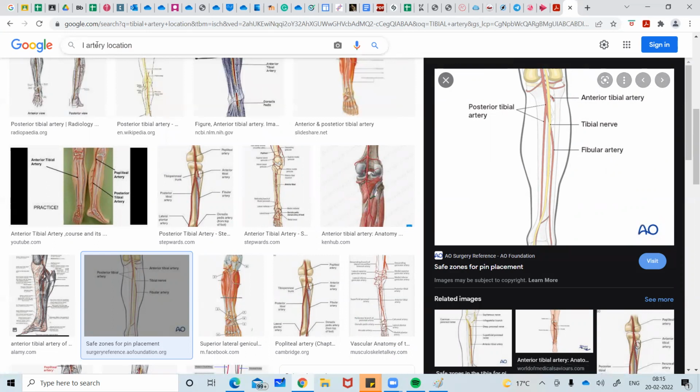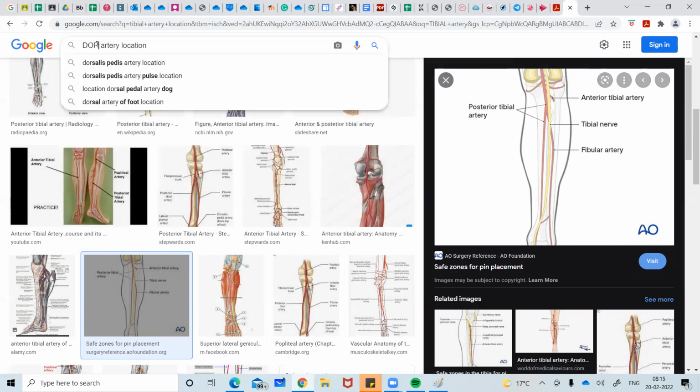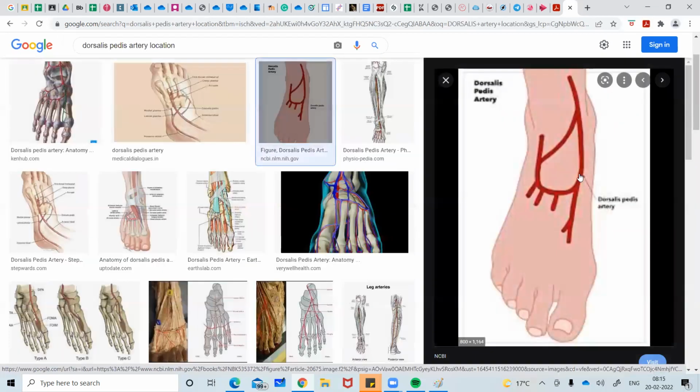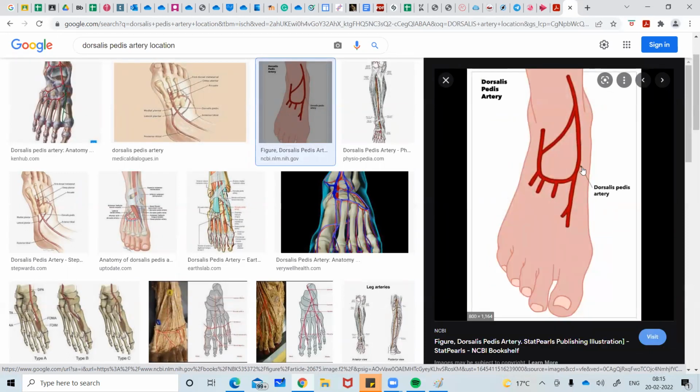Let me show you that. This is dorsalis. This is a blood vessel which is more prominent, you can say. You can easily see it in your legs also. This is called dorsalis.